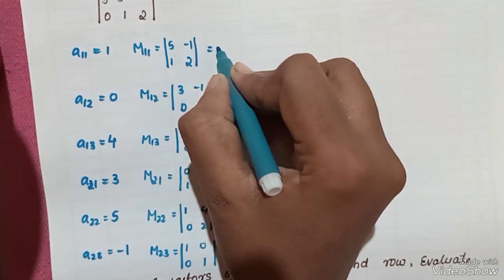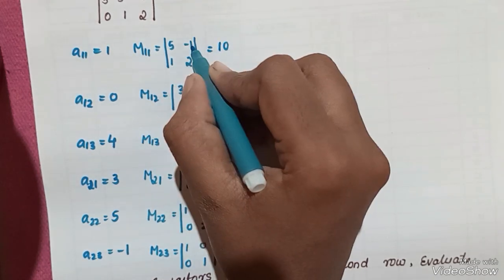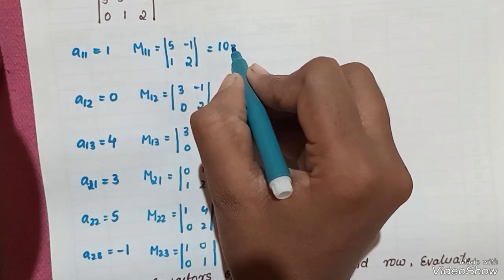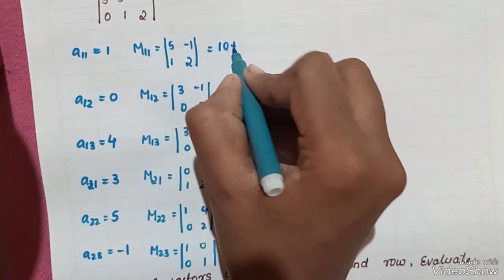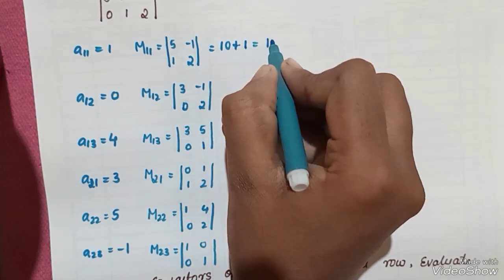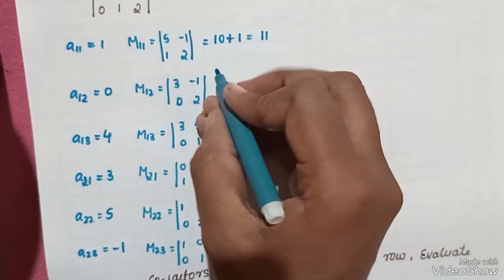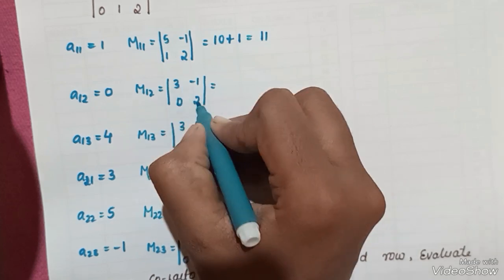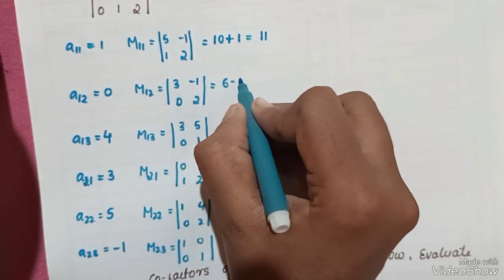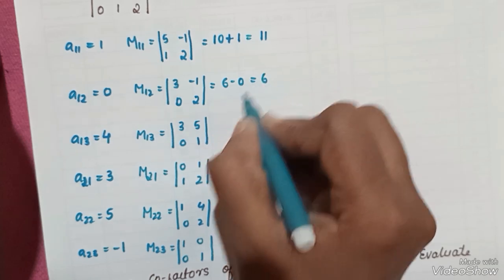5 into 2 is 10, 1 into 1, 1 into minus 1, minus into minus plus 1, that is 11. Again for this, 3 into 2 is 6, 0 into minus 1 is 0, that is 6.